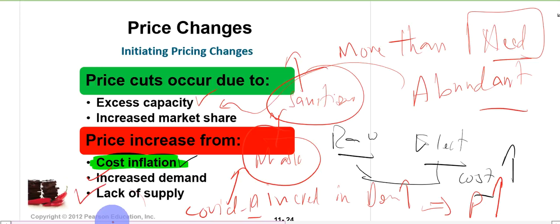When there is lack of supply, products are not available, there is very low supply, or there is any scarcity of the product in the market, then the price will definitely be increased. So these are the reasons when the price will increase, and these are the reasons when the price will decrease.